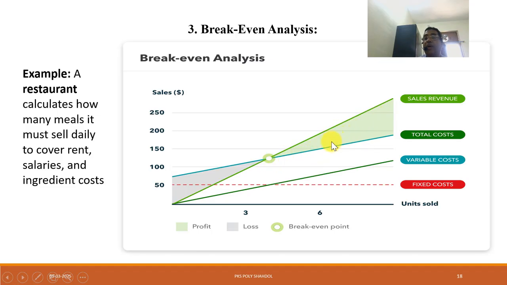This is shown by this. Otherwise, if we produce fewer products than this point, then we are in loss. So this is the break-even point analysis.